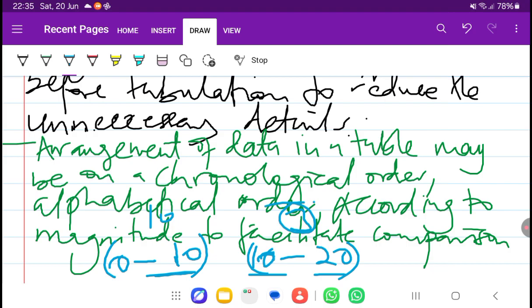So it lets the respondent compare the information even before you do any mathematical computation. Those are some of the principles you need to understand as you are providing tables.